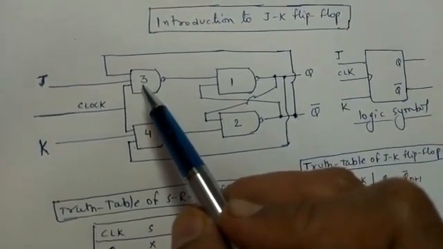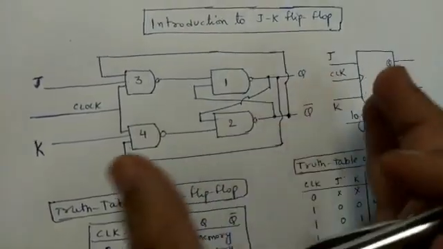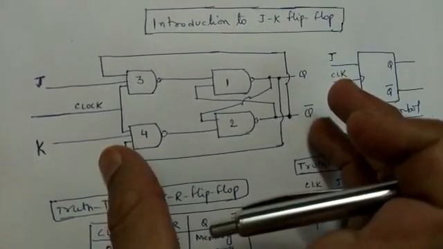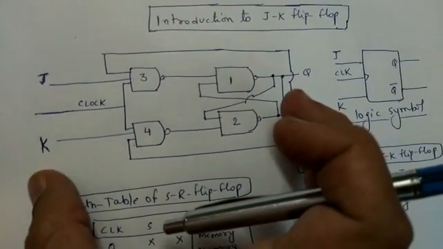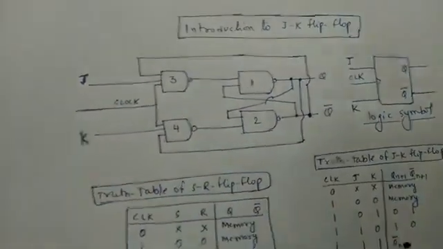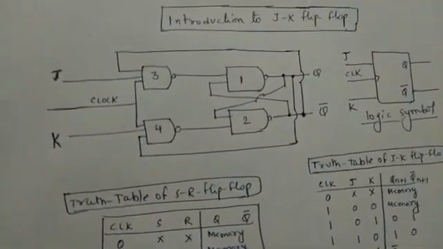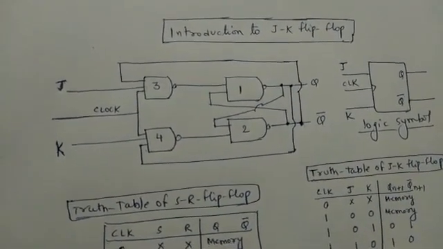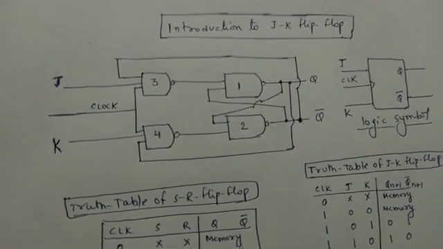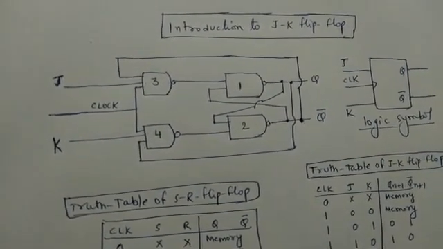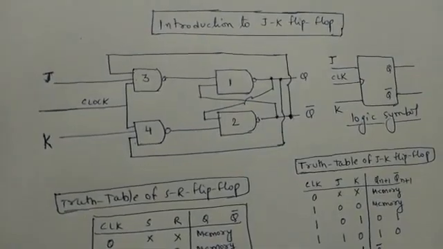So this is how, by connecting these Q and Q bar outputs as feedback inputs, the SR flip-flop has been converted to the JK flip-flop.